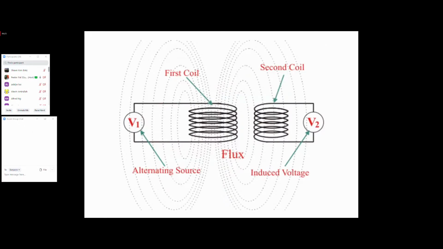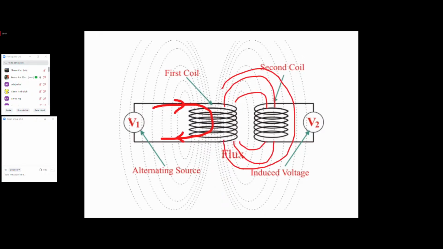I repeat the whole thing again. When electric current flows in the primary coil, the primary coil, the solenoid, will produce an electromagnetic field.